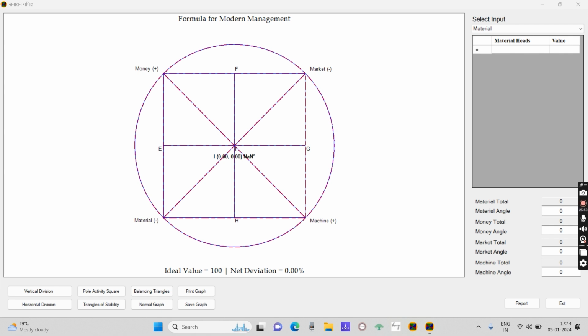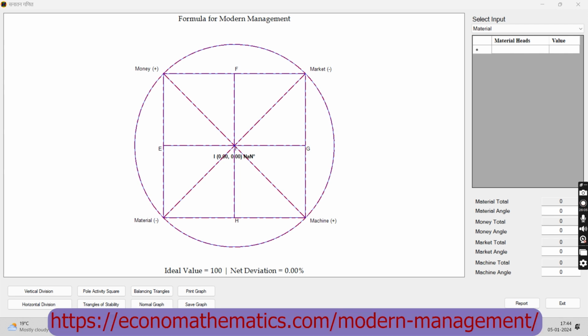From next session onward, we will integrate it with the logic it denotes and discuss it in the following session. I have shared a link to download this software.